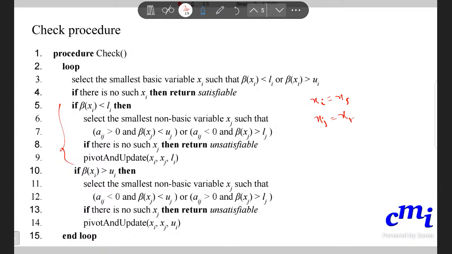So now we select the smallest non-basic variable Xj such that, and we also have that beta, let me just write it down. We have assumed that this is lesser than its lower bound, and beta P of XR is equal to LR. So since it's equal to LR, it is lesser than UR.